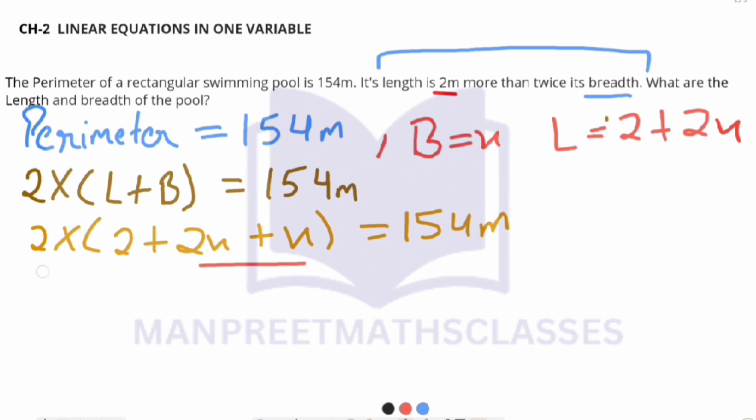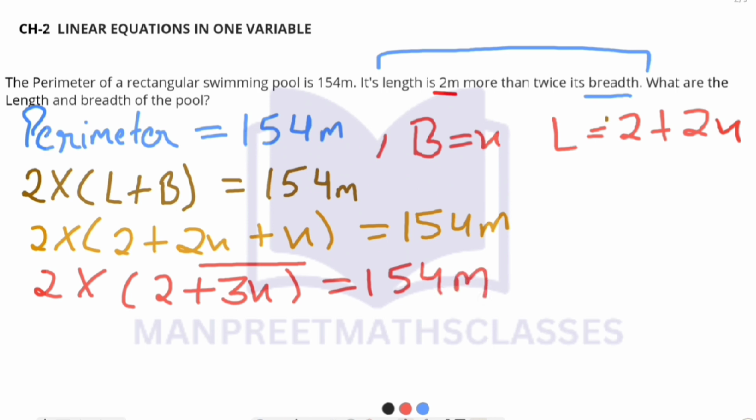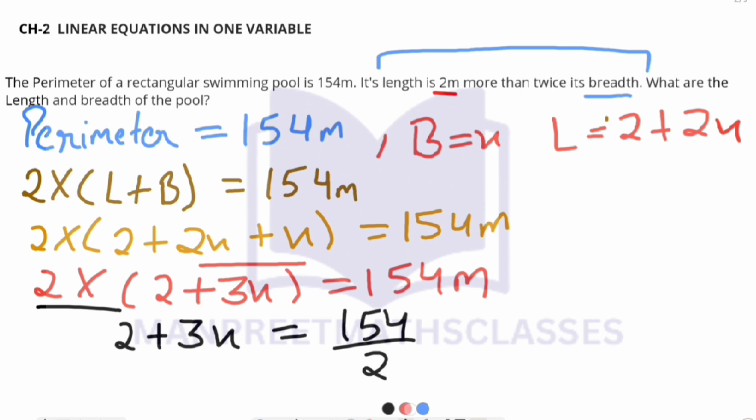Now 2x plus x will give you 3x. So 2 into (2 plus 3x) is equal to 154 meter. Now this 2 is in multiplication. So when you transfer it to other side, it will go in division. So 154 divided by 2.